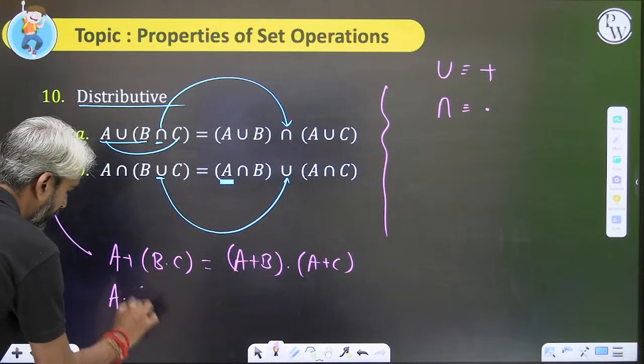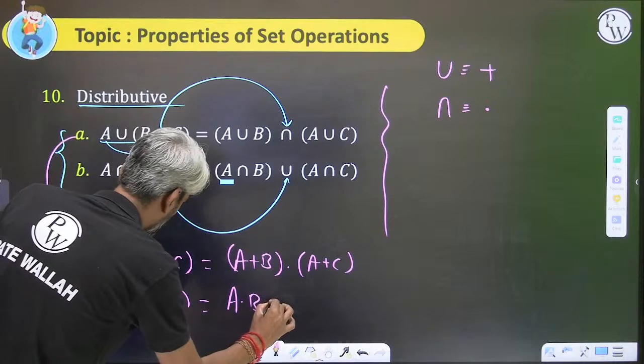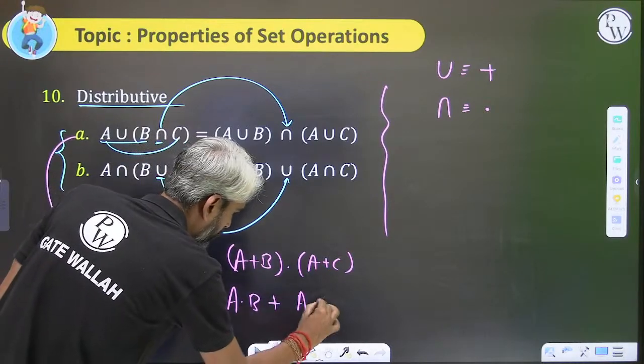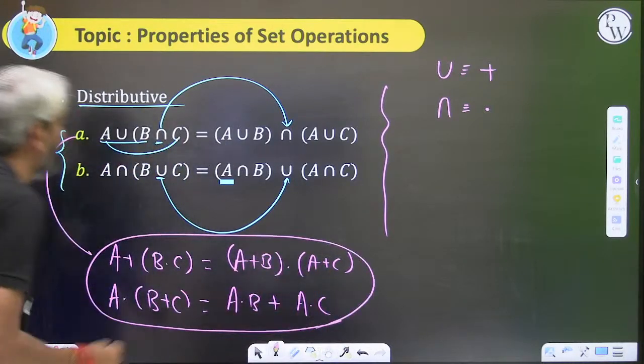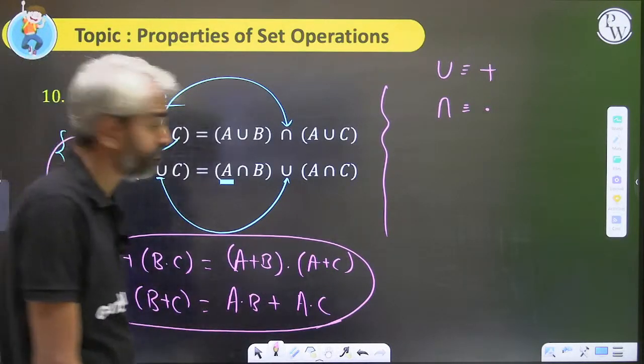Similarly, if you have A dot (B plus C), then this will be A dot B plus A dot C. So it's okay. If you simply replace union by plus and intersection by dot, you will get the same thing.